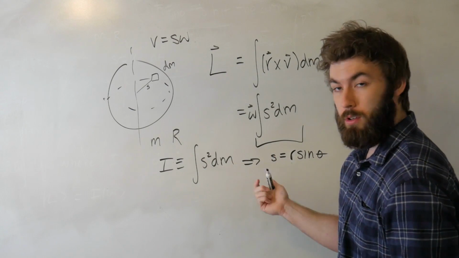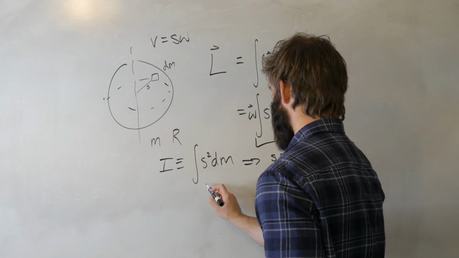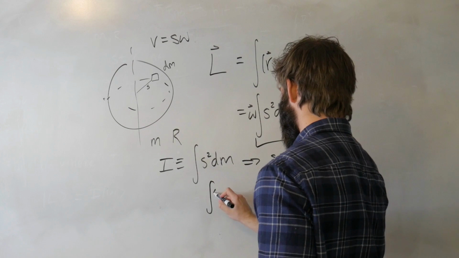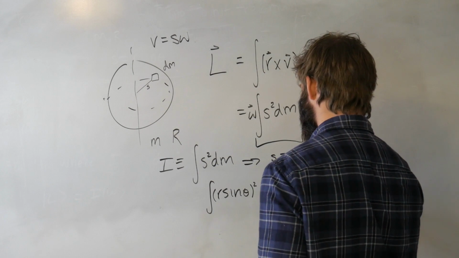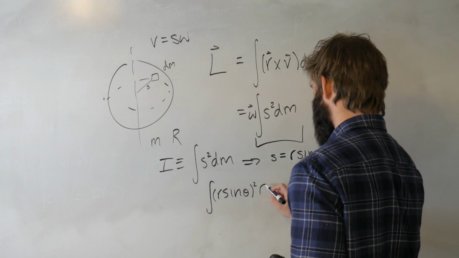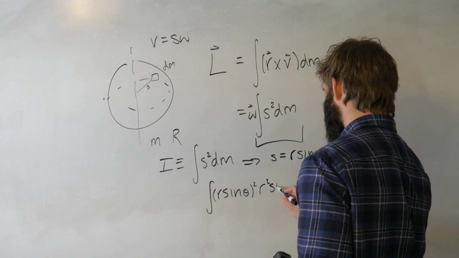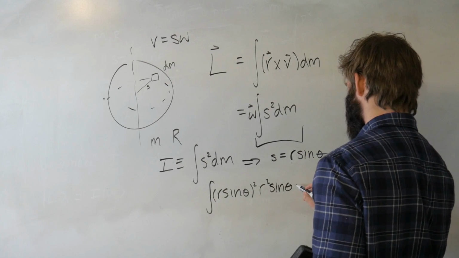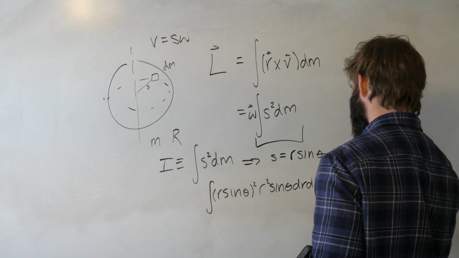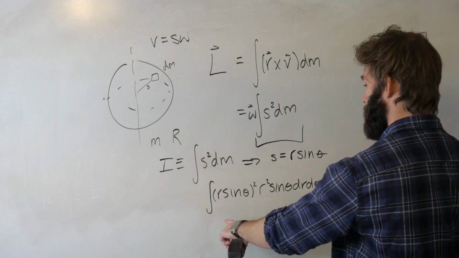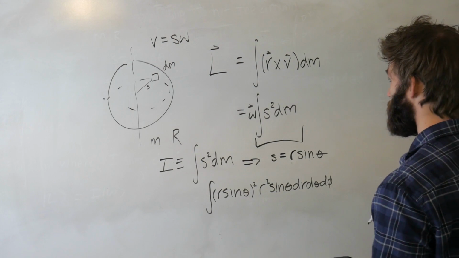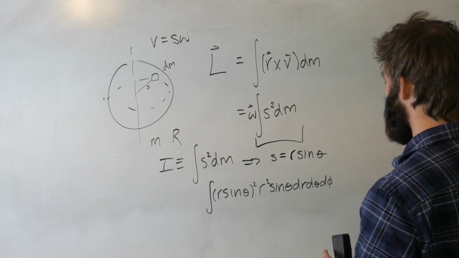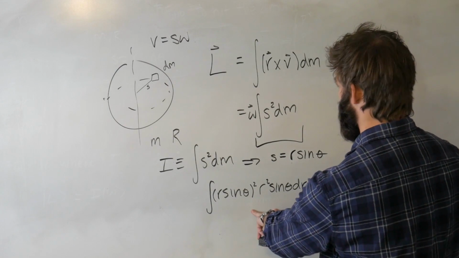We're in spherical coordinates, so this becomes the integral of r sine theta squared, and then the dm is just going to be this measure here, the r squared sine theta dr d theta d phi. So this is a triple integral. I only wrote one integral sign, but that's a triple integral. Okay? And let's go ahead and evaluate this.